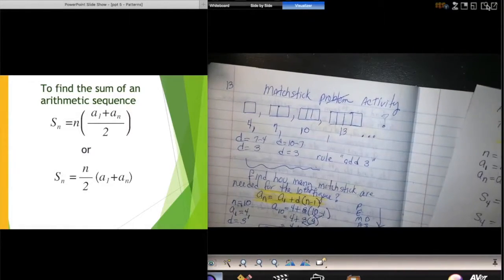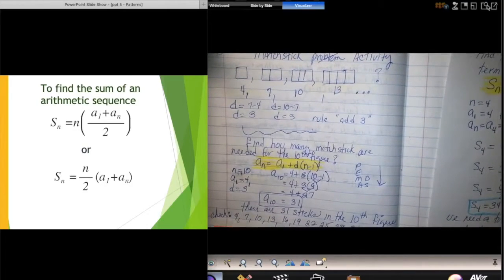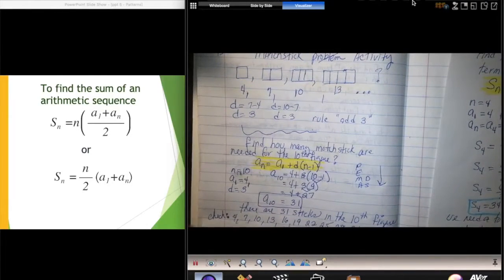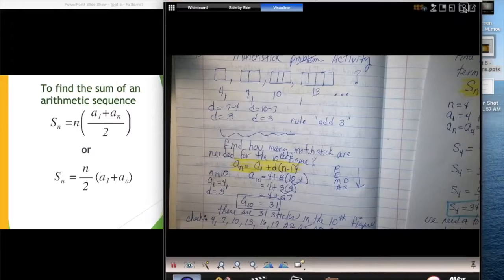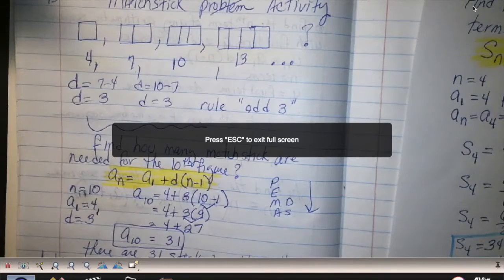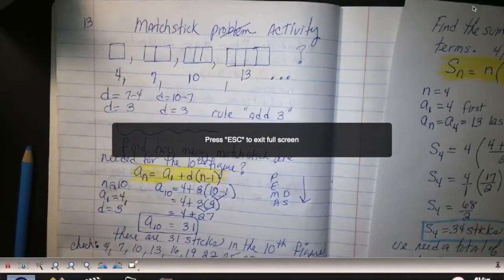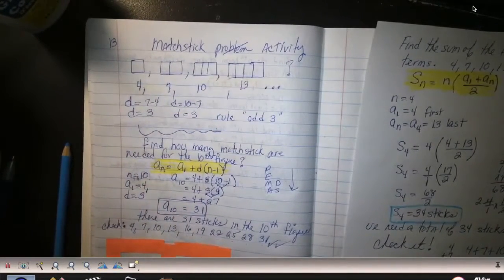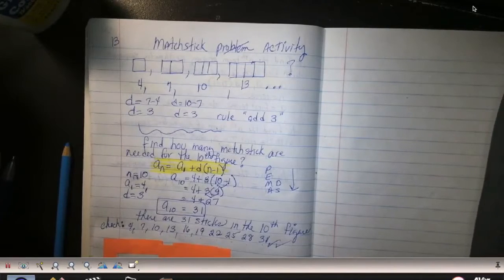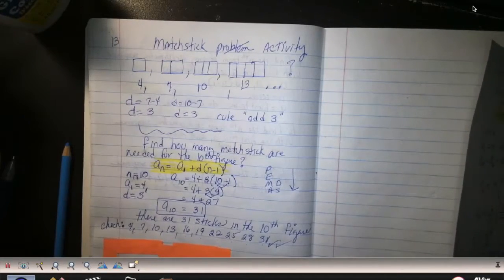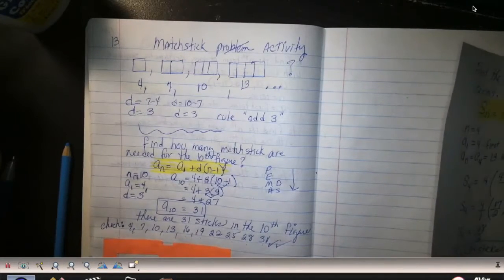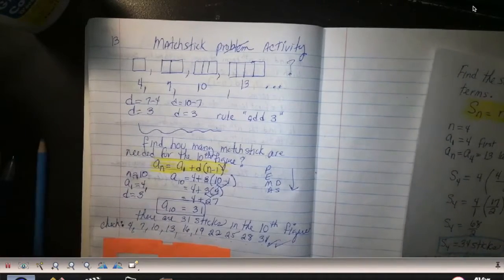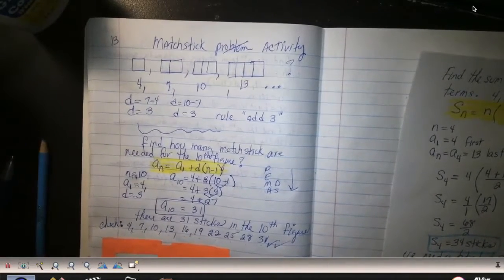Okay, so let's review here. What happened in this problem was that I knew I wasn't going to have enough space on my one sheet, and I only wanted to use one sheet of paper. I'm not allowed to go to page 14 because remember, my notebook has to last me the whole school year, and so I want to save paper. And I wrote too big, so what do I do when I write too big?